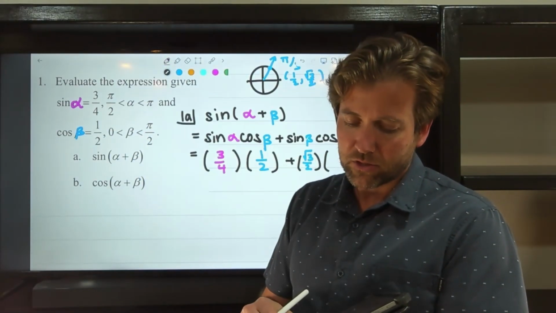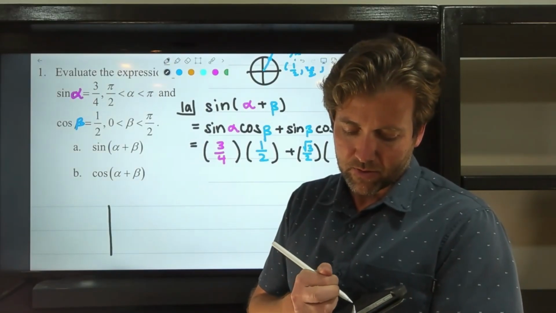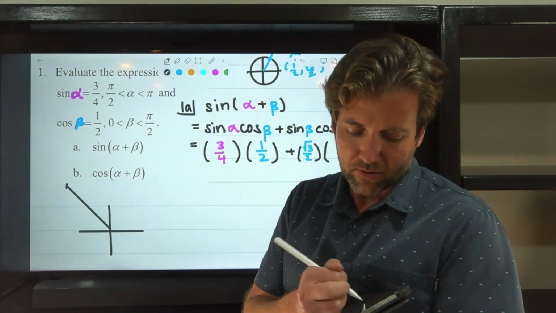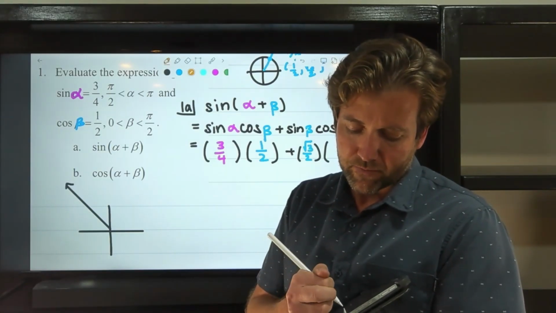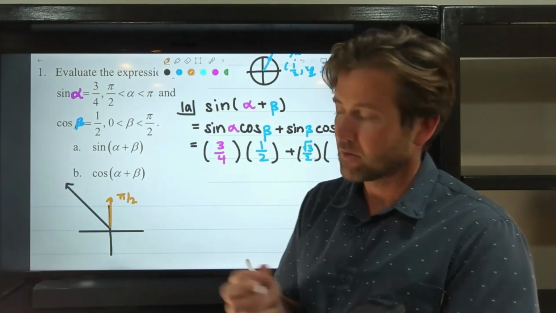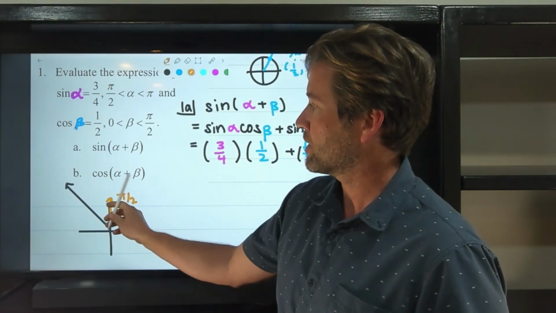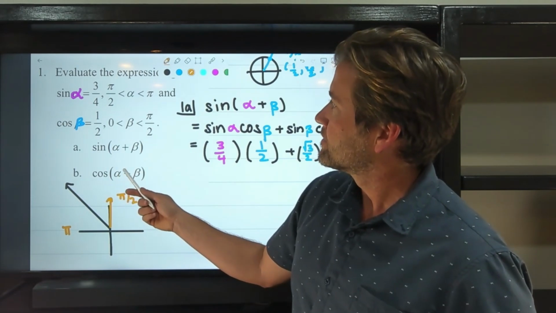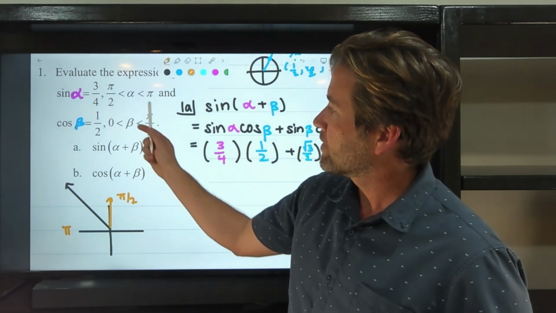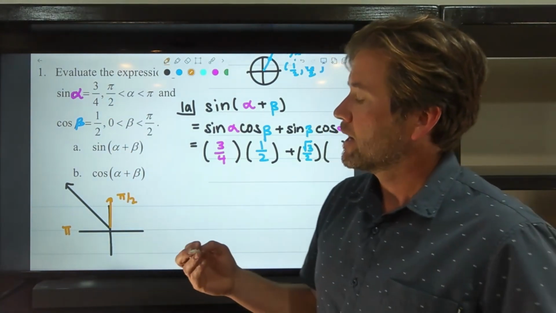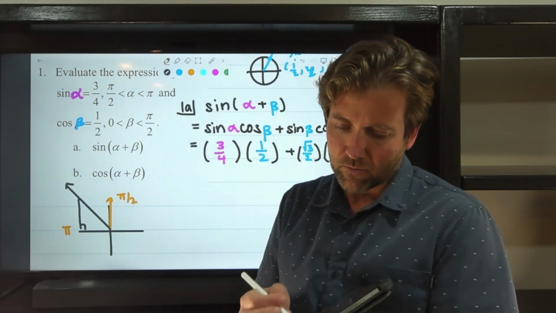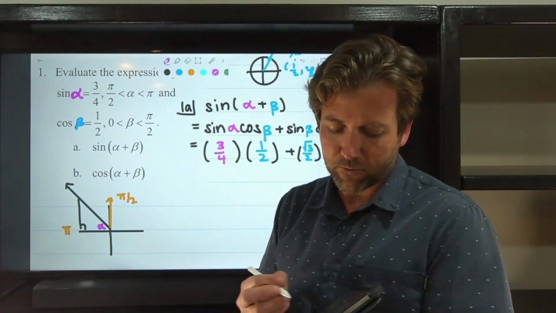So I'm going to sketch the angle right here of alpha. This is pi over 2. If we start at 0, that's pi over 2. Here's pi. Alpha's got to be somewhere in between pi over 2 and pi, so I'll just draw it there. And we'll call this angle here our reference angle alpha.